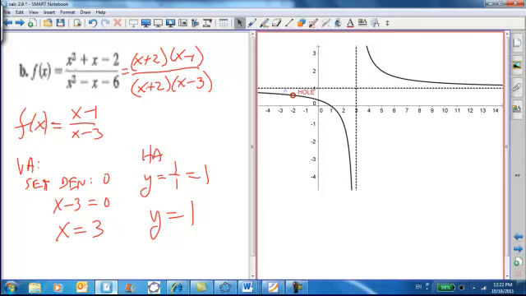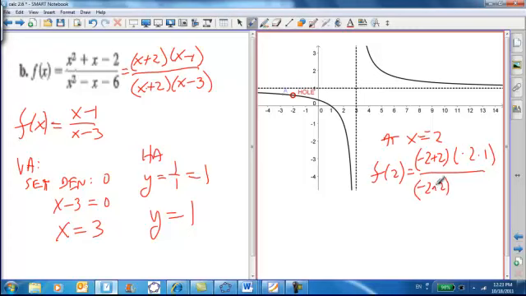Well, because at x equals negative 2, if we look at the original function, not the one I reduced here, using this factored form over here, negative 2 plus 2 over negative 2 minus 1 over negative 2 plus 2 times negative 2 minus 3. And we end up getting 0 over 0.